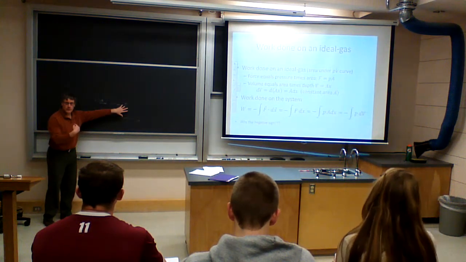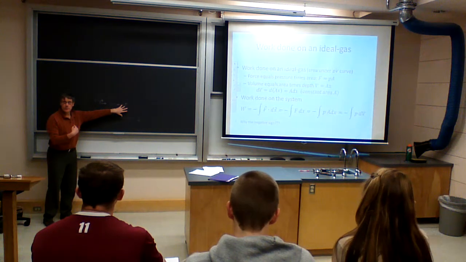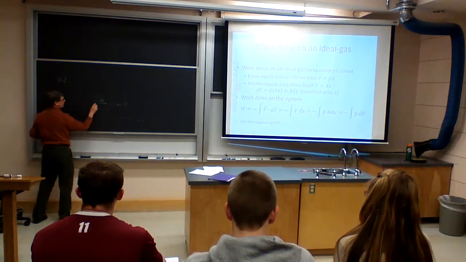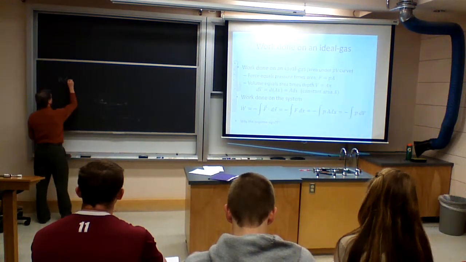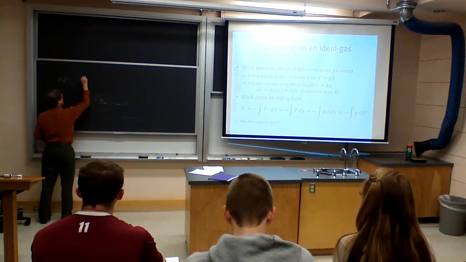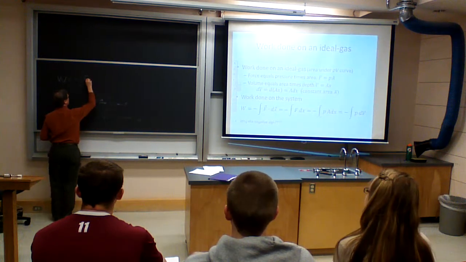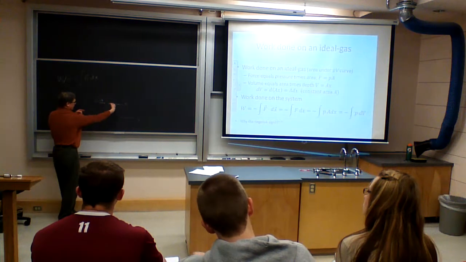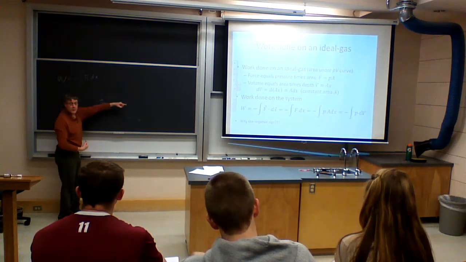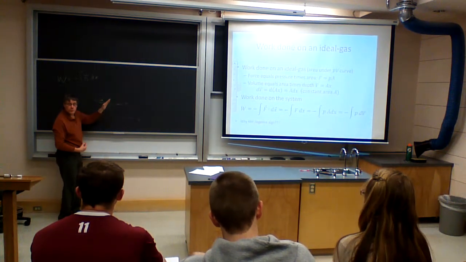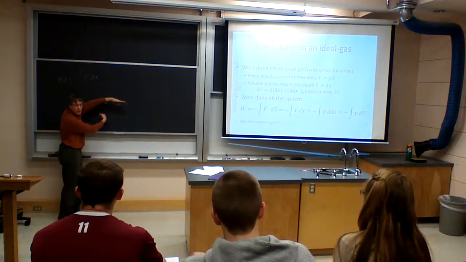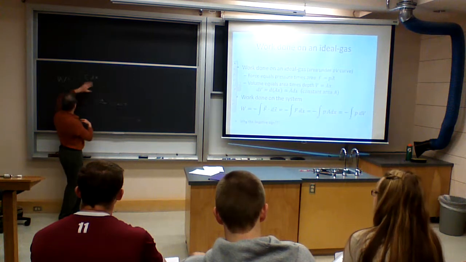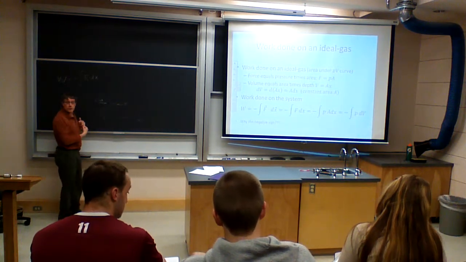Everyone see that? So our work now, let's call this force 1, will be equal to the negative of the force 1 times the x, because the work is done on the system, but the force from the pressure is in the opposite direction of the displacement. So this will give us a positive work if we push in this direction.